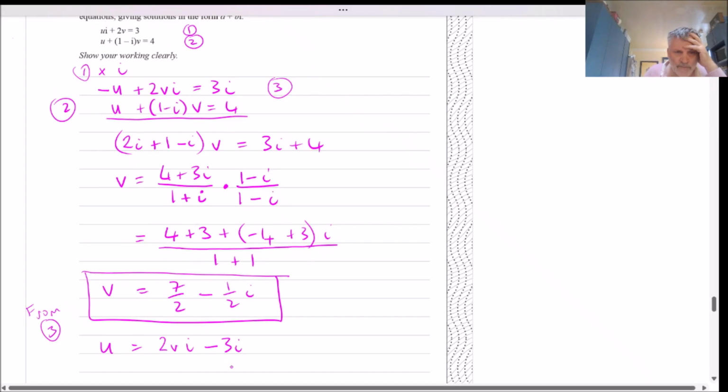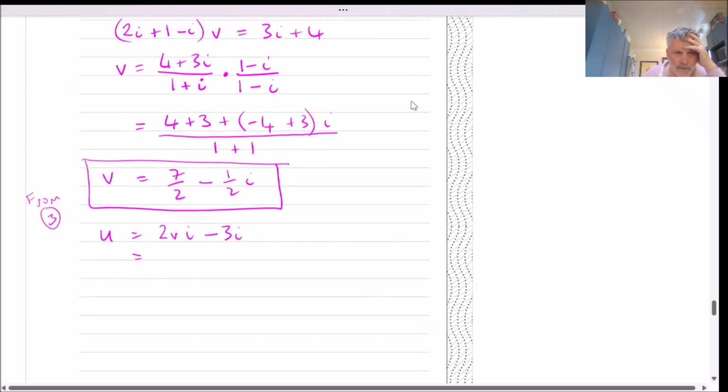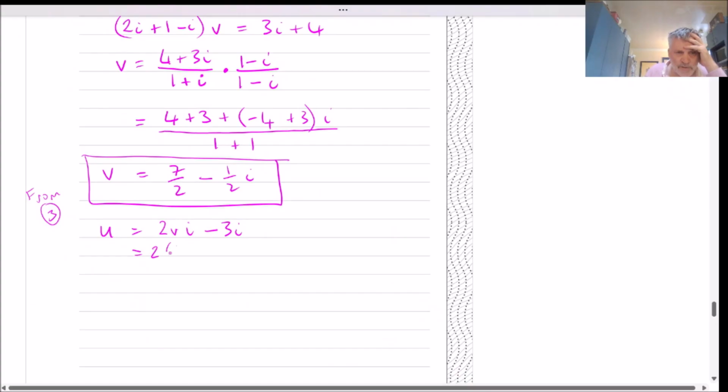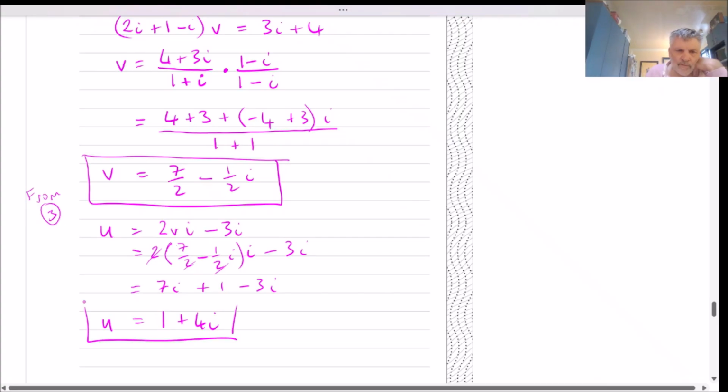So that's 2 times 7 over 2 minus a half i, times i, minus 3i. The 2 cancels with these two 2's on here, so it's 7i minus i squared, that's just plus 1, minus 3i. So that looks to me like it's 1 plus 4i. And that's our u value.